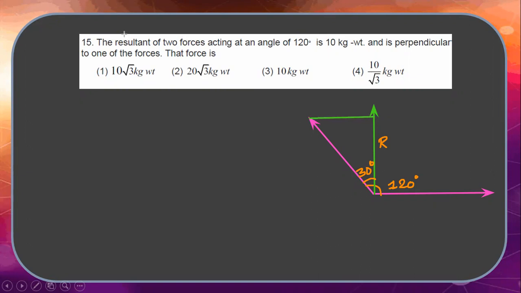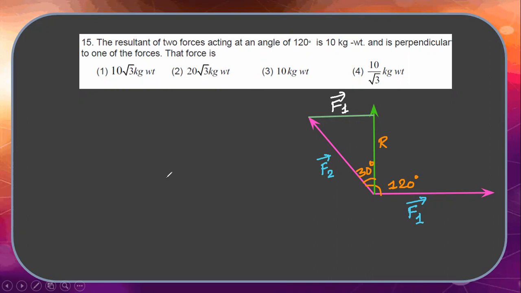Let us suppose these are F1 bar and F2 bar. This is F1 bar and this is F2 bar. This is also taken as F1 bar.